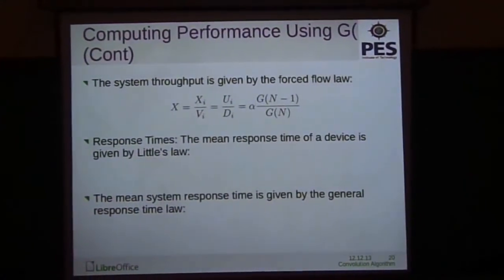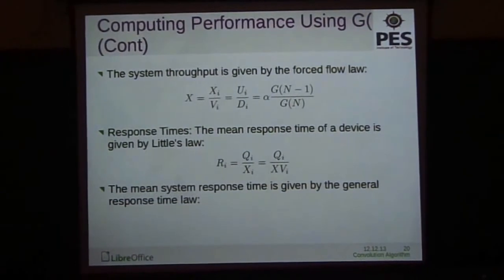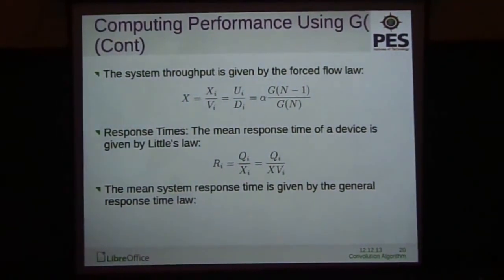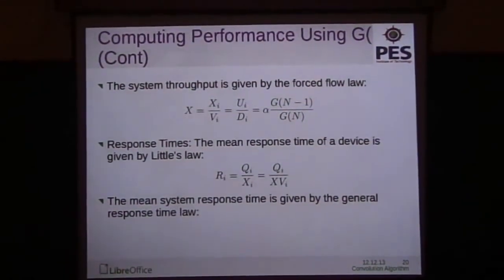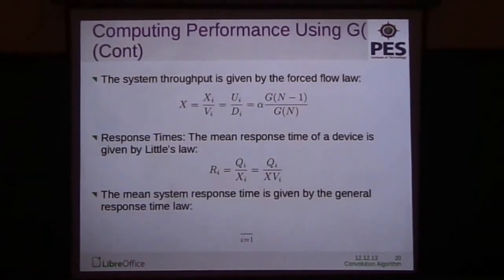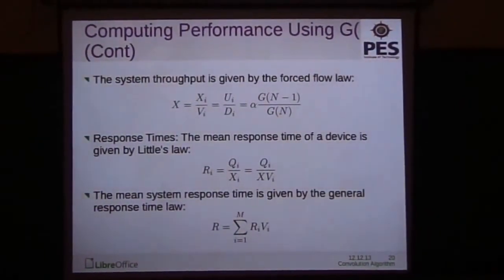The response time, where the mean response time of a device is given by Little's law, Ri equals qi by xi equals qi by x vi. The mean system response time is given by the general response time law, where R equals summation of i equals 1 to n Ri Vi.